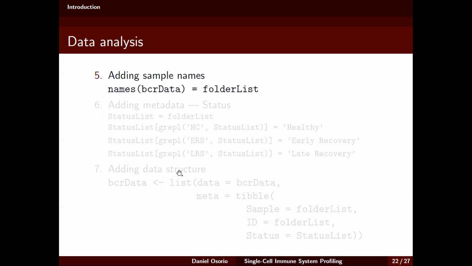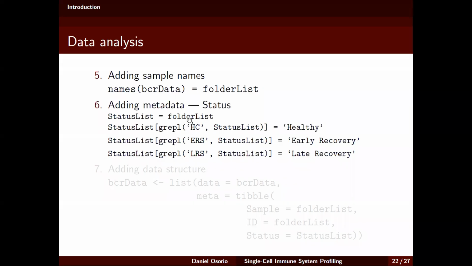In order for this package to work, each one of the sublists needs to have a name. So we are going to add the names to the BCR data, and they will be the name of the folder. So having that, now we need to add metadata because we want to do analysis about the different experimental groups. So we are going to add the status as metadata. We are going to copy the folder list into a status list, and then we are going to start replacing.